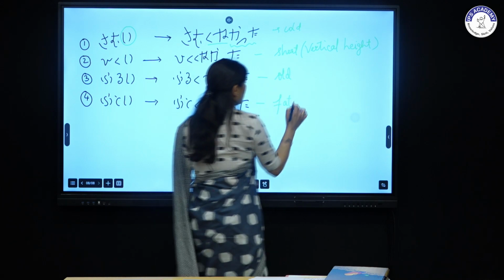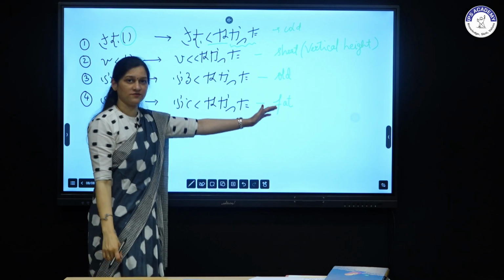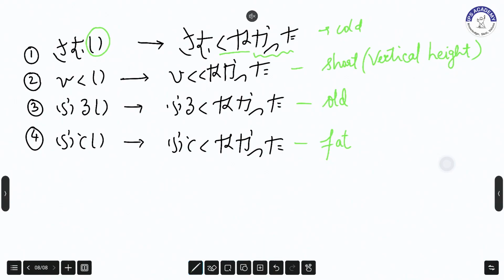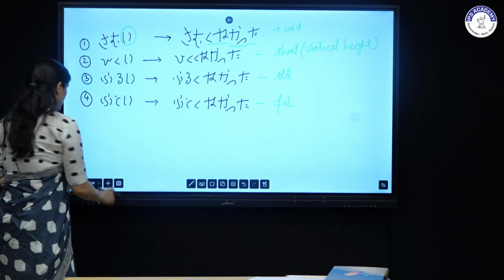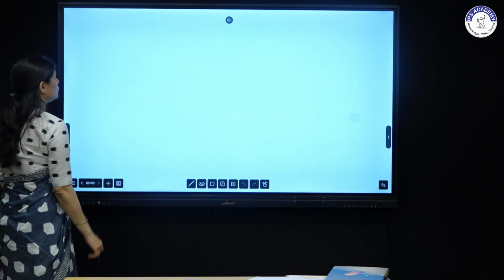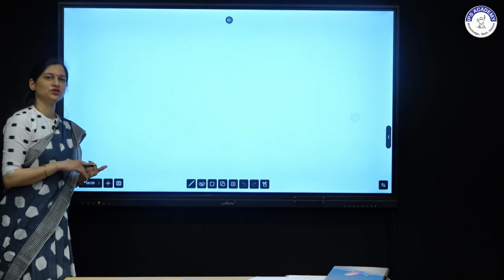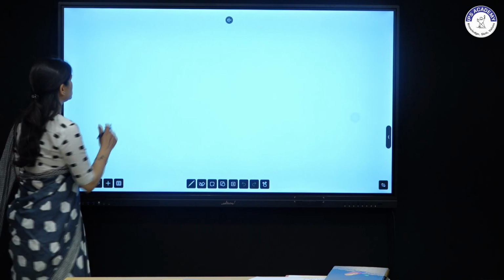I have written the meanings of the adjectives here. Okay. Wakarimasu ka? Now we shall see how to do past tense plus negation of na ending adjectives.